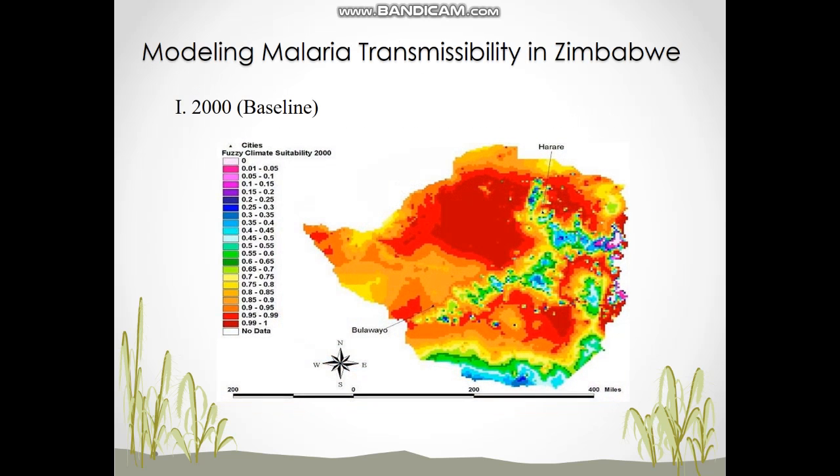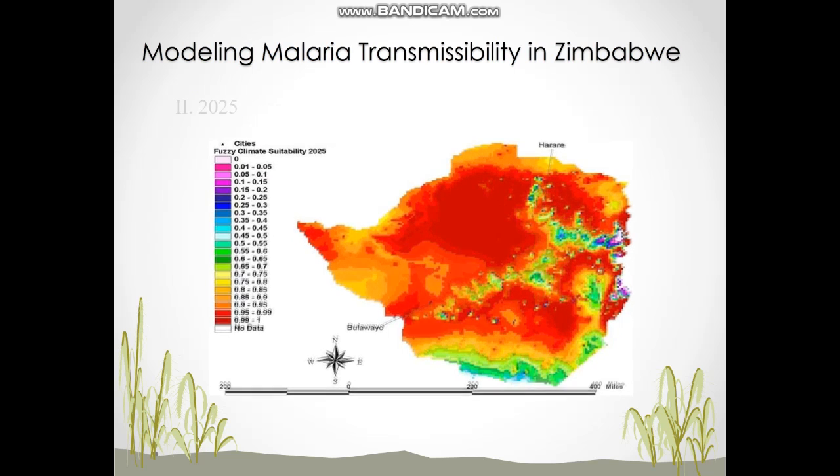And this map shows climate suitability of malaria transmission in Zimbabwe in the year 2000 as a baseline for comparison. The red color in this map shows the areas that are more than 95% suitable for malaria transmission. In the year 2000, the red area is restricted to the north central part of Zimbabwe.